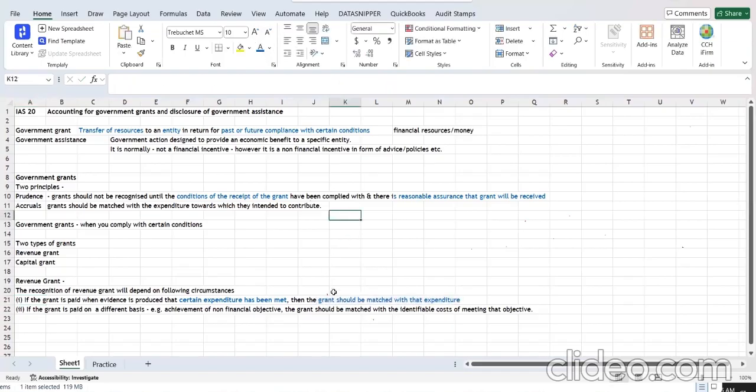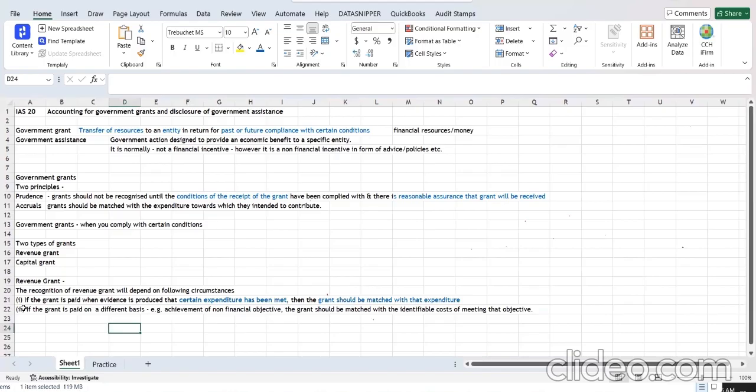This point is telling the same thing which I just told you a couple of minutes ago, that if I am doing the expenditure of giving jobs to 100 employees over 4 years, then I will not recognize all the grant amount in just year one, but I will recognize it over the 4 years, over year one, year two, year three, year four, as I meet the conditions, as the expenditure is incurred on meeting that condition.